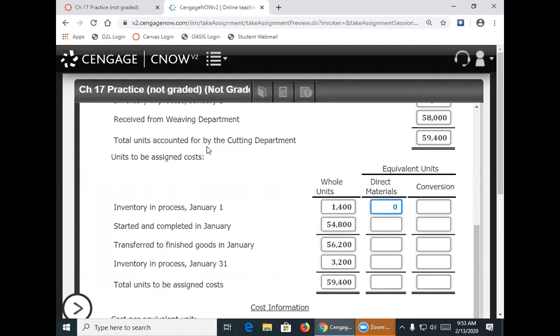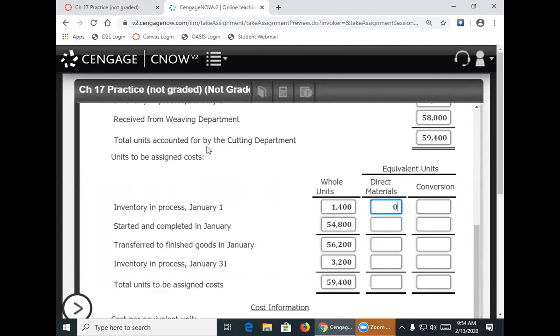Now for your conversion, you were right, Mila, they're 75% complete. So for conversion costs, it would take another 25% conversion to complete those 1,400 units. So again, you always work backwards with inventory. You have to think how much costs were already added, so I just want to add costs to finish them.